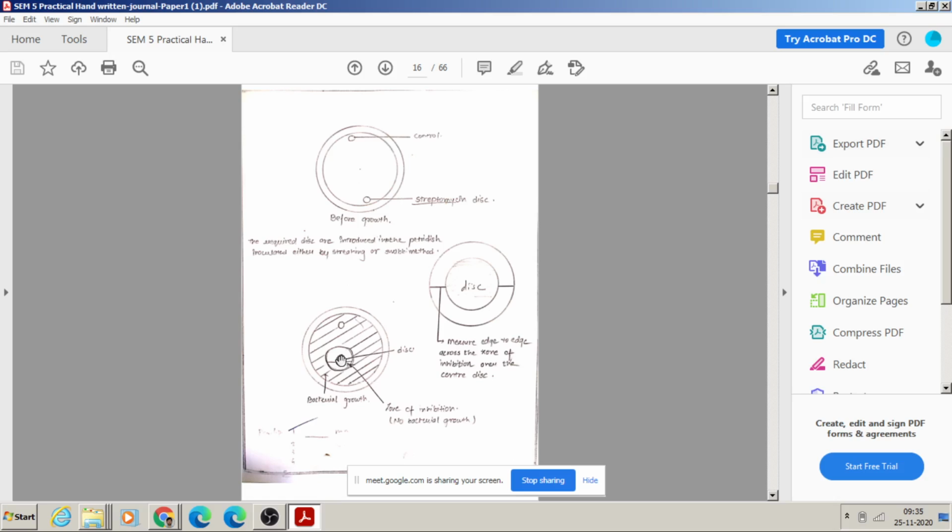Some portion remains blank, without growth of the microbe. This zone produced there is very short, more often in millimeters. If the distance away from the disc is more, it indicates that the antimicrobial activity of the compound is very good. If the distance is shorter, the activity is comparatively lesser.